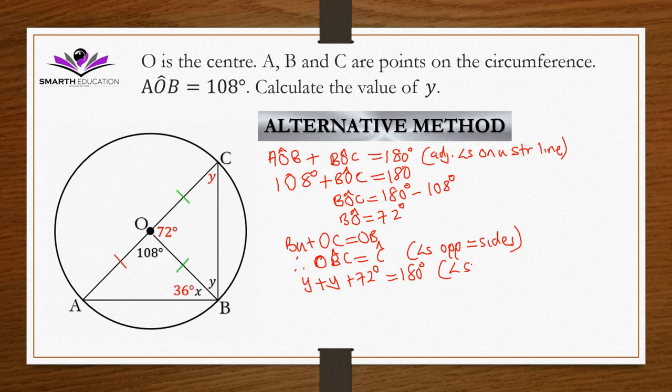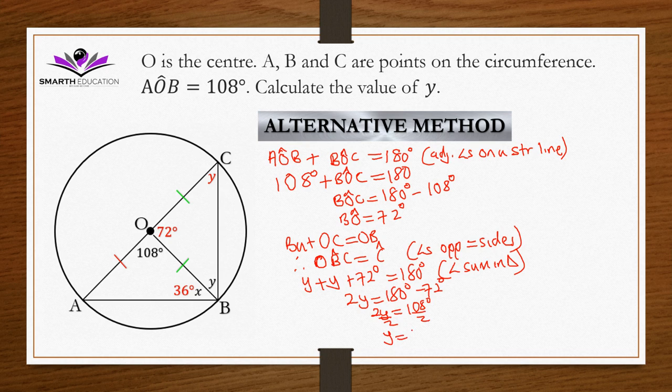Why? Angle sum in triangle. So it becomes 2y is equal to 180 degrees minus 72 degrees. 180 degrees minus 72 degrees gives 2y is equal to 108 degrees. Then divide by 2, divide by 2.